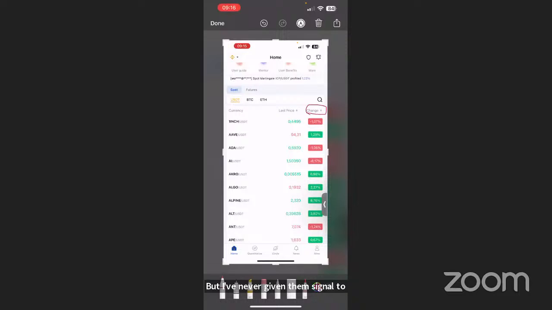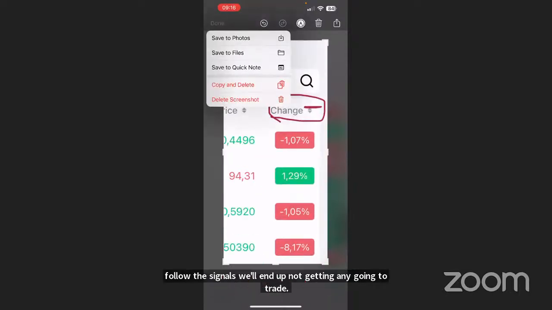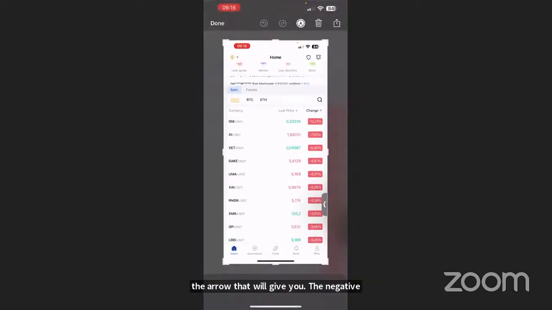Always, we pick the negative coins. It delivers like magic, because if we want to follow the signals, we'll end up not getting any coin to trade. So I just tell them, on this change, tap on the arrow that will give you the negative coins and get into it. Don't be greedy. Take 3%.